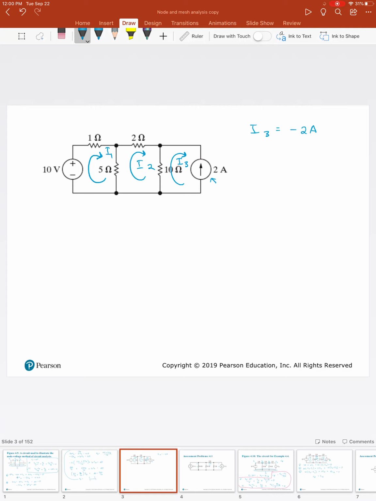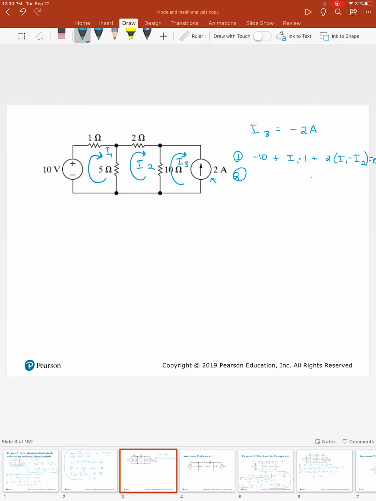much like in the node voltage method. Writing around mesh 1, we have minus 10 volts plus I1 times 1 plus 5 times I1 minus I2. Once again, very important to make this an equation and say that it's equal to 0.